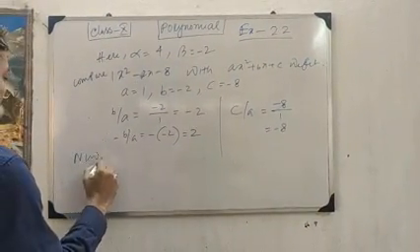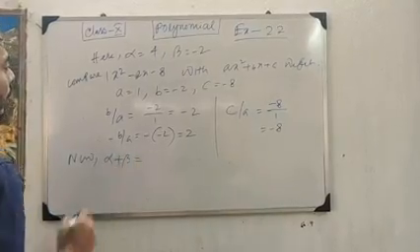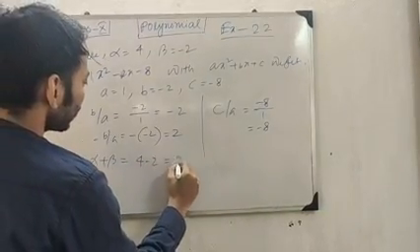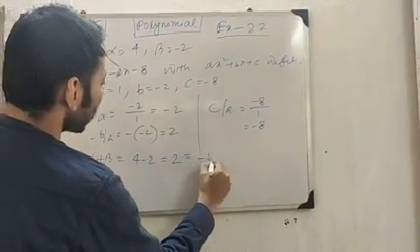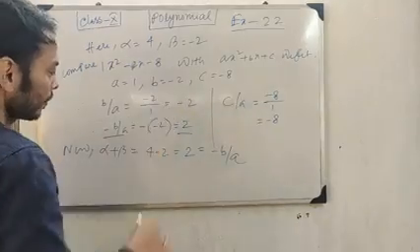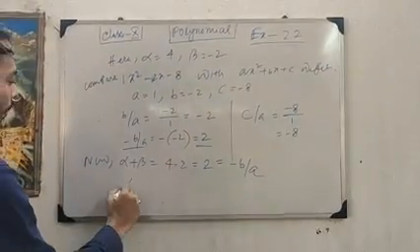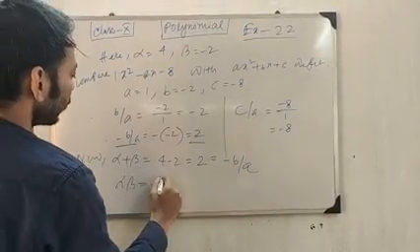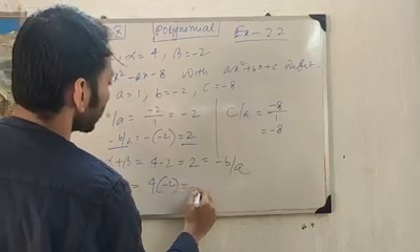Now alpha plus beta equals 4 minus 2 equals 2, equals minus b by a. You can see minus b by a equals 2 here, and alpha beta equals 4 into minus 2, that means minus 8.